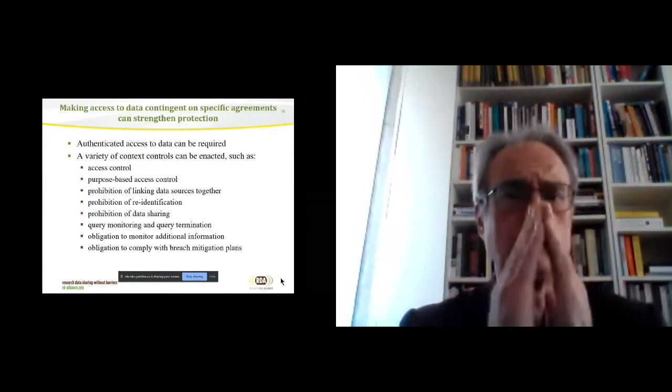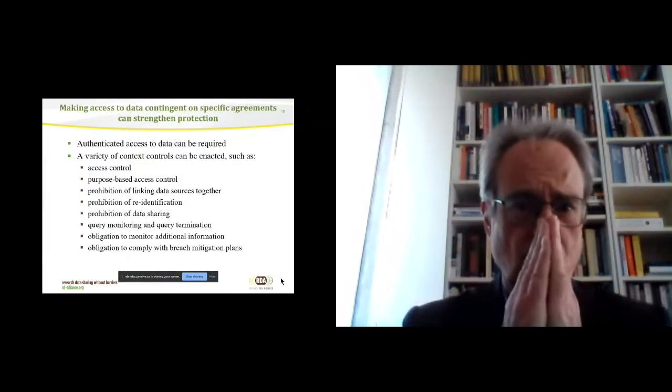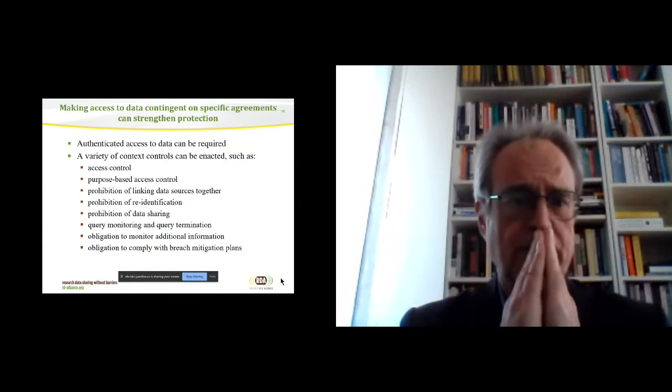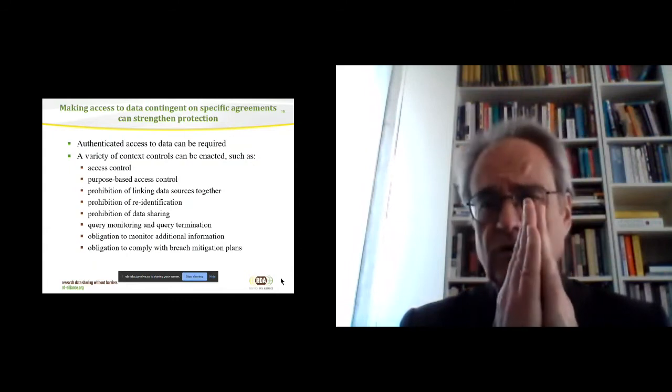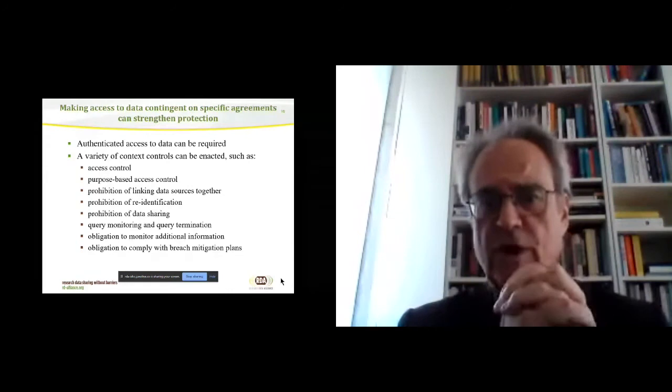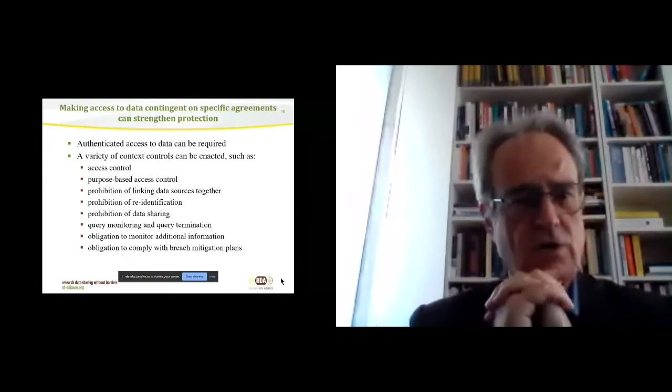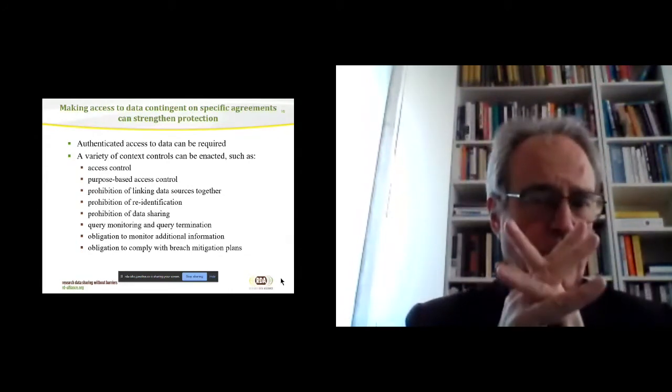There are, however, possible ways of countering this. Making access to data contingent on specific agreements can strengthen protection. Authenticated access to data can be required.